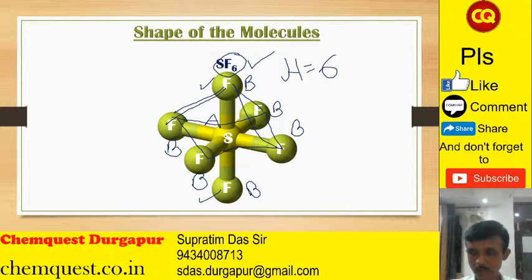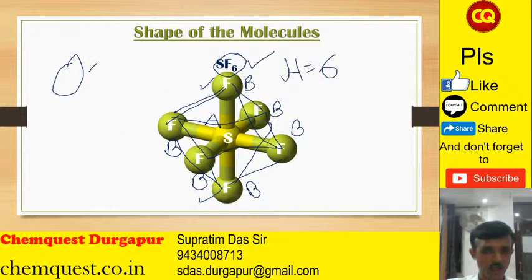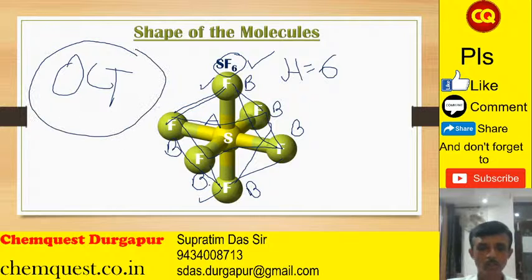Above, one pyramid, and below, another pyramid. Two pyramids are here. Then it is square bipyramidal, or it is known as octahedral. It means 1 pyramid above and 1 pyramid below with a square planar base.